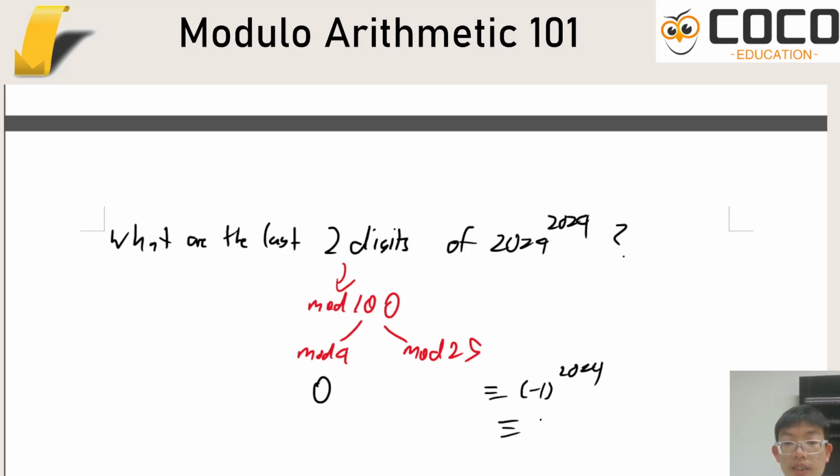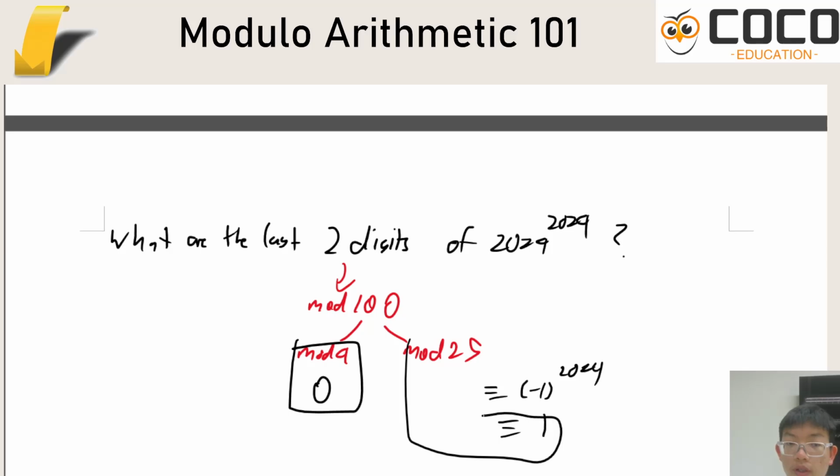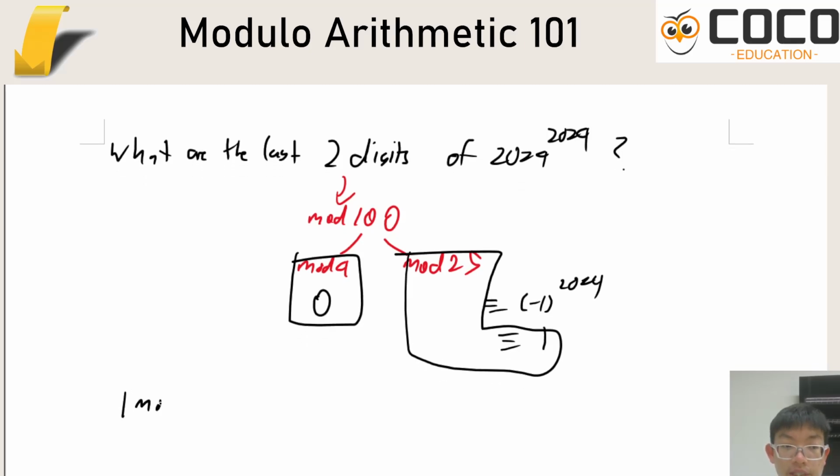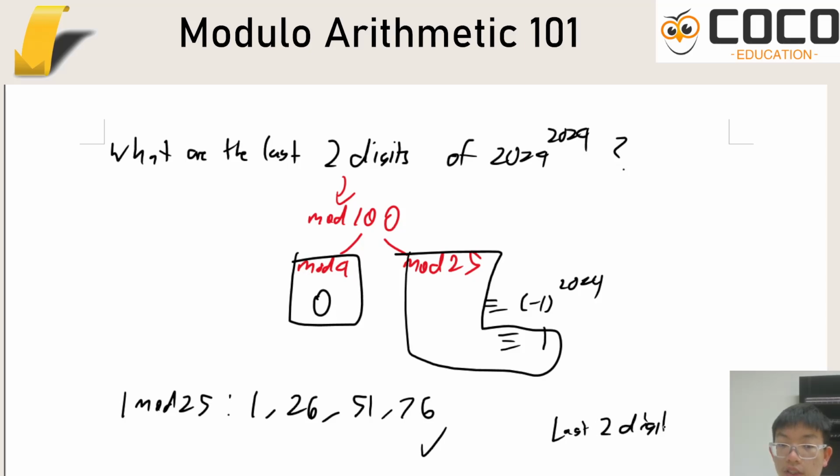So it would be just 1 mod 25. So I have 0 mod 4 and 1 mod 25, and then I can put it back together again, as mentioned, just by listing out the things that are 1 mod 25 until I get something that is 0 mod 4. So the last 2 digits of this would be 76.